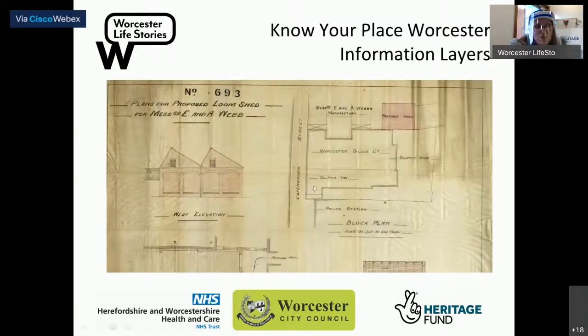And that actually shows plans for a proposed loom shed for the carpet manufacturer Webbs, who are based in Deansway, or Deansway as we know it today anyway. And then what I liked about this one is that it also highlights another little glove company that was there next door in Copenhagen Street. So it was just a nice little resource and an idea of the sorts of things that we could potentially incorporate.